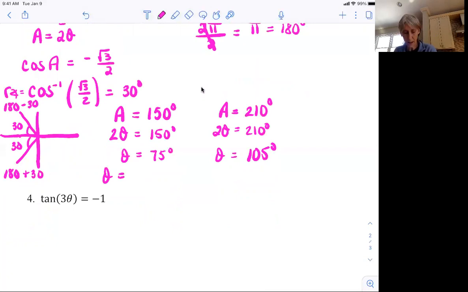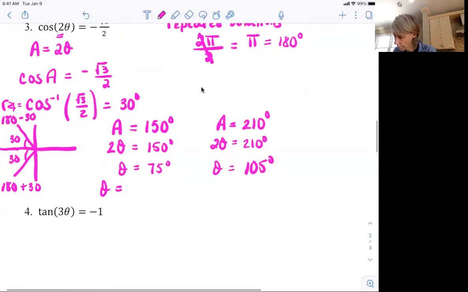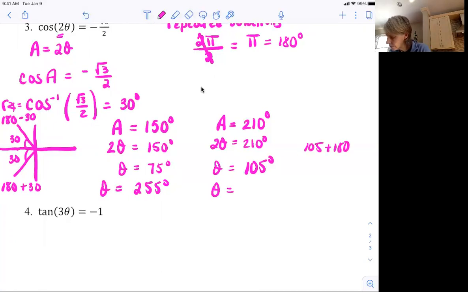So I have theta equals 75, and 75 plus 180, we did that above, was 255. Again, if I add 180, I'm going to be outside of my range. Theta is 105, 105 plus 180 is 285. It's kind of easy to see that if you add 180 again, you're going to be outside.